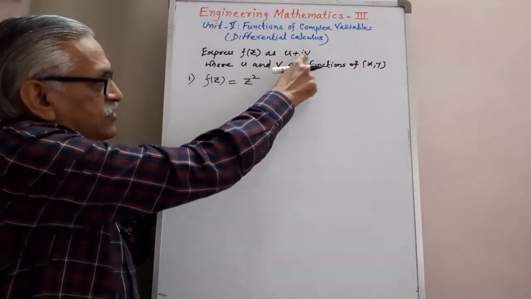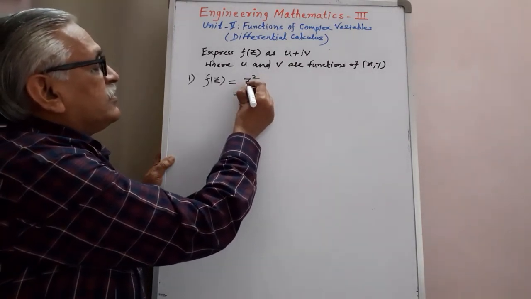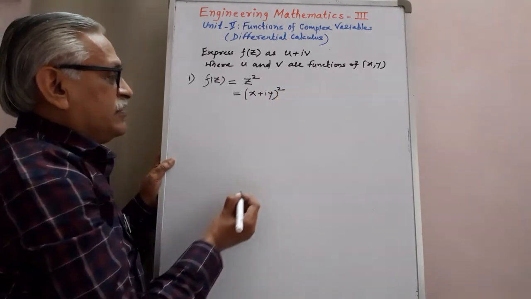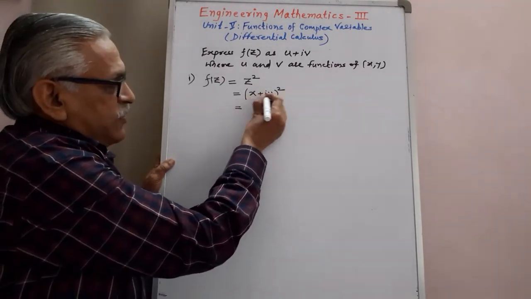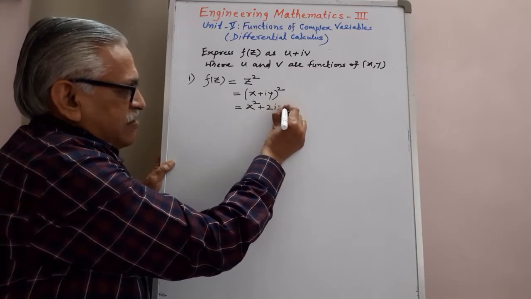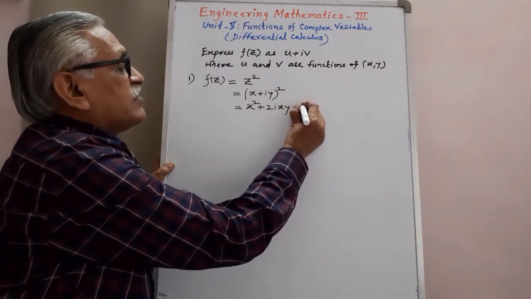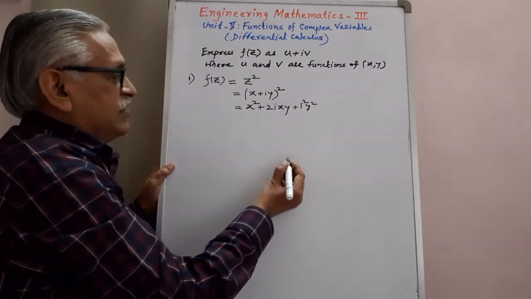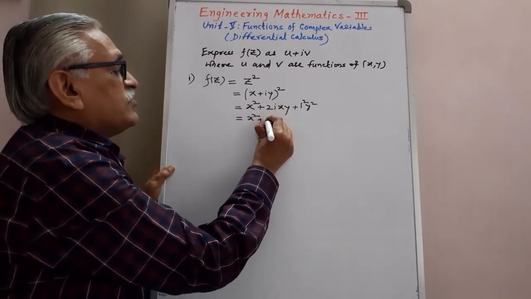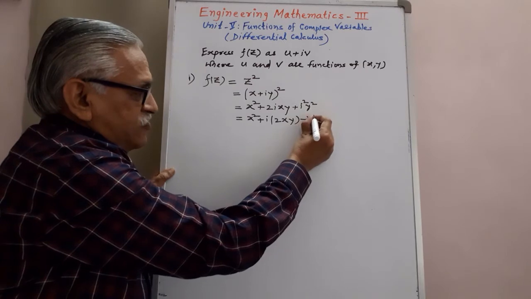We have to express this in the form of a complex number u plus iv, and for that we consider z as x plus iy and then its square, expanding by (a plus b) whole square: a square means x square, twice ab, 2 times i times xy, plus b square, i square y square, and that equals x square plus i times 2xy, and the value of i square is minus 1, therefore it is minus y square.